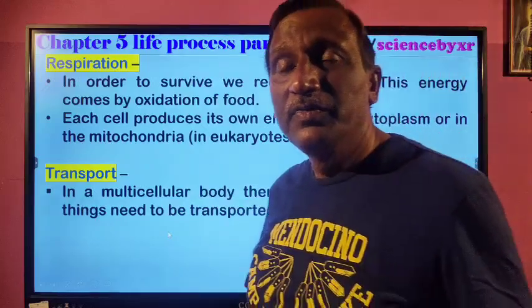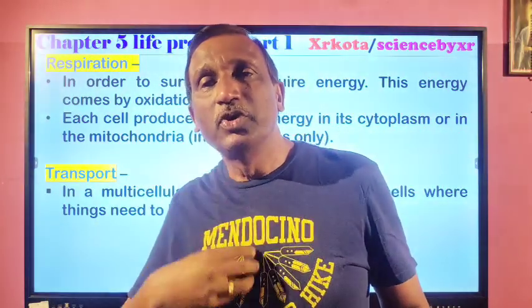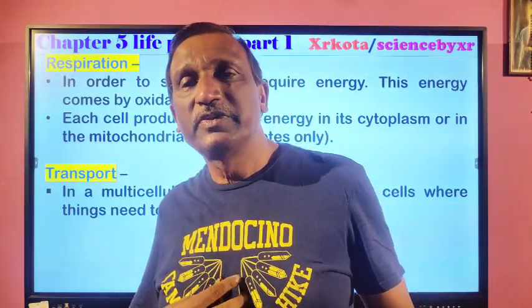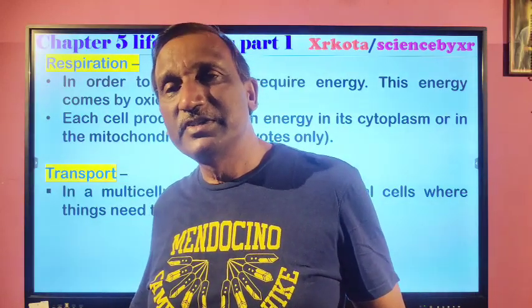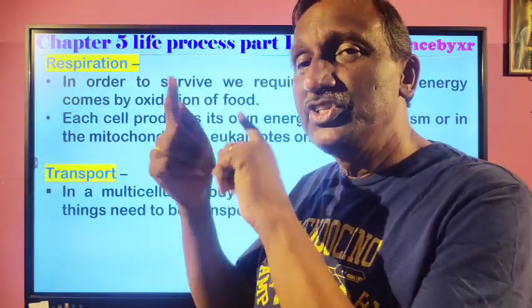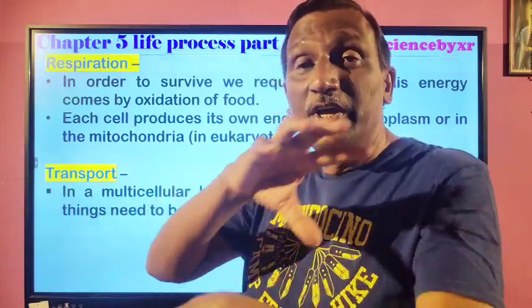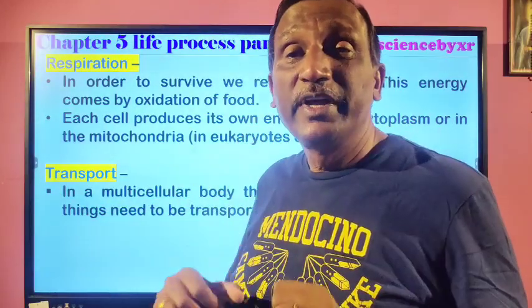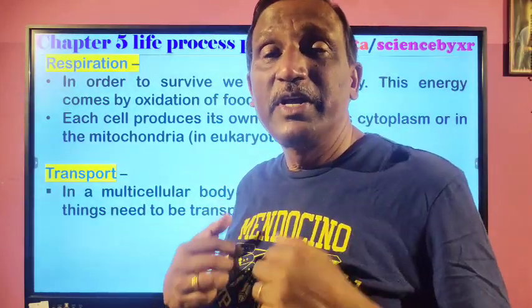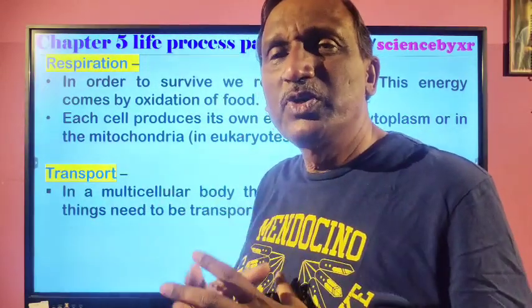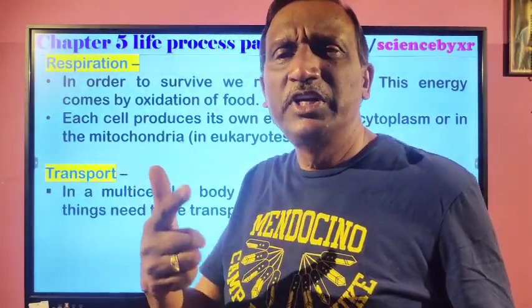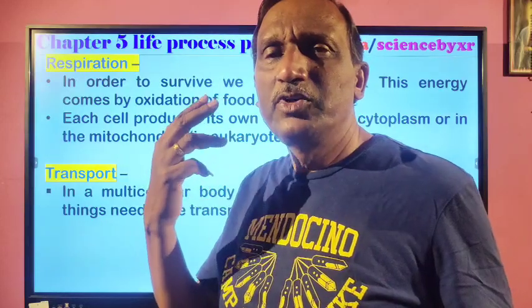As I said, we are eating food from the mouth, going to the stomach for digestion, small intestine, final digestion, absorption from the small intestine. Then it has to go to each and every part, and from there waste has to come to the kidneys, and carbon dioxide to the lungs, oxygen from the lungs to each and every cell. So transport is required. Hormones need to be transported, heat needs to be transported, antibodies need to be transported.